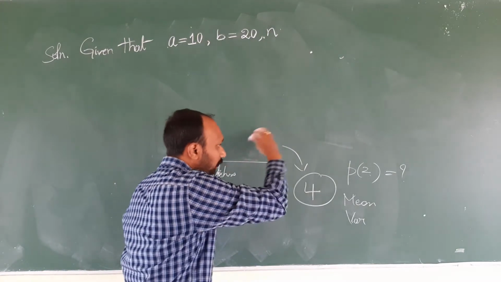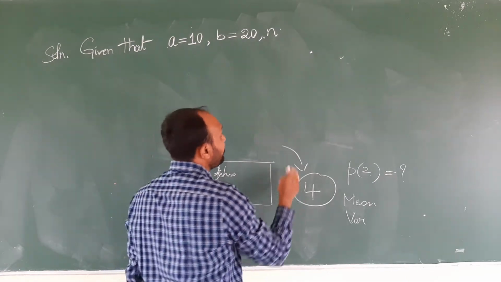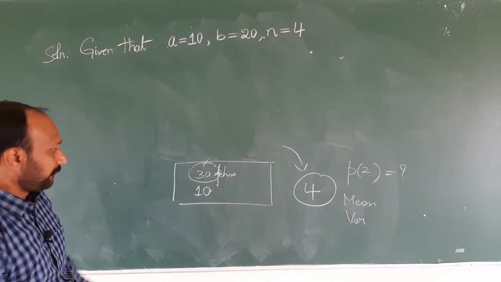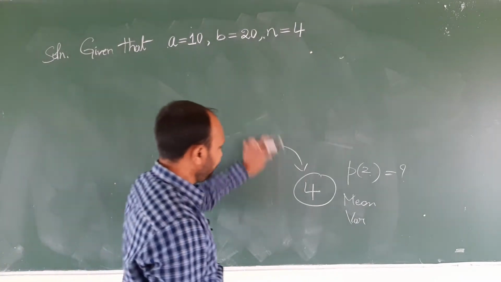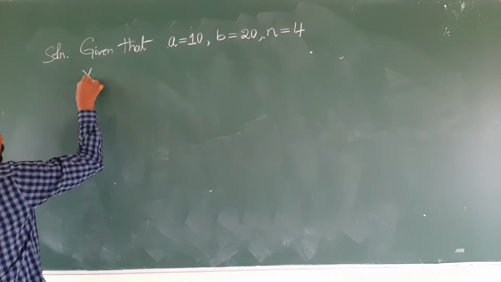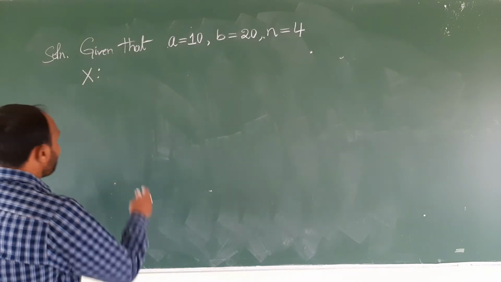Sample, we have drawn some units out of the pond, some fishes out of the pond. How many fishes have we drawn? We have drawn 4 fishes. With this basic understanding, let us solve the question now. First, we need to define the random variable X. That is the first duty. So, what is X here?